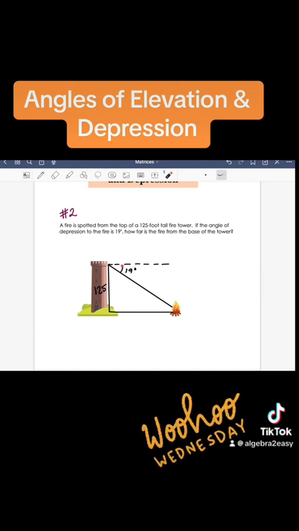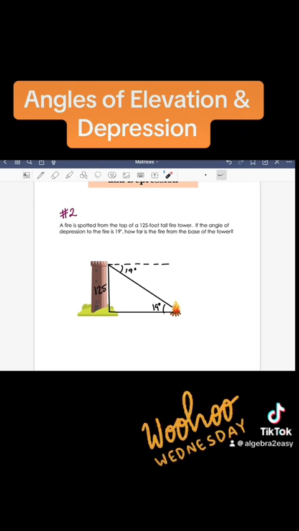So that angle is 19 degrees. Now, again, because this angle and this one here are alternate interior angles, we know that that is the same angle down here. Even though we're looking down, we're going to label this as our 19-degree angle. And again, that is because these are alternate interior angles.